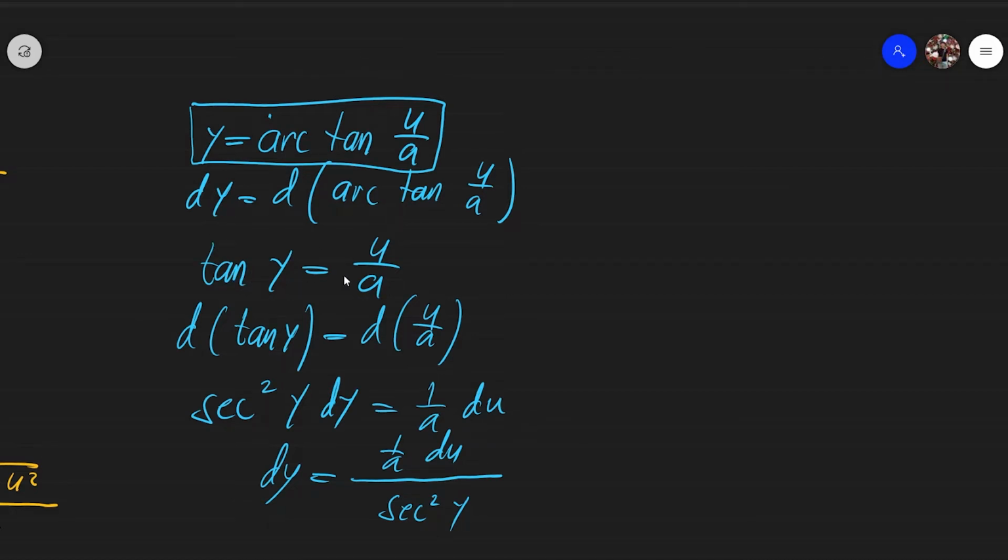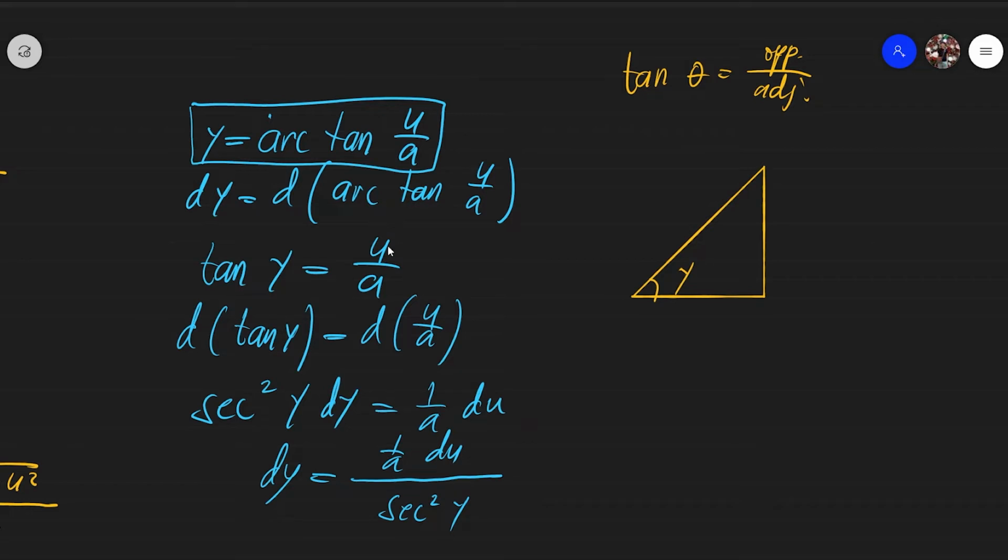Now, from this equation, you can draw the right triangle that represents this function. So we'll have this one, and of course, your angle. Say for example, your angle is here. This is y. Then tangent, take note, tangent theta is equal to opposite over adjacent.